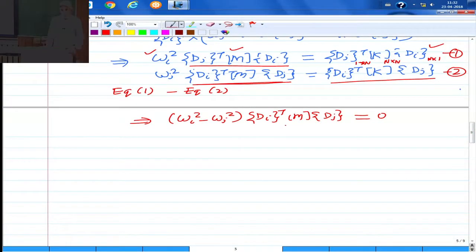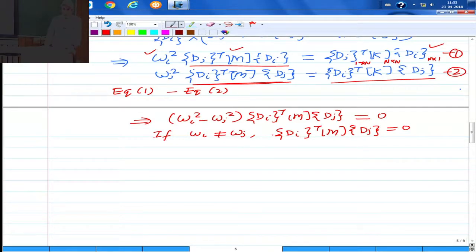Now if you look at this expression, if omega i is not equal to omega j, then for this to be 0, whatever we have on the left hand side, that implies that di transpose into m into dj must be equal to 0.